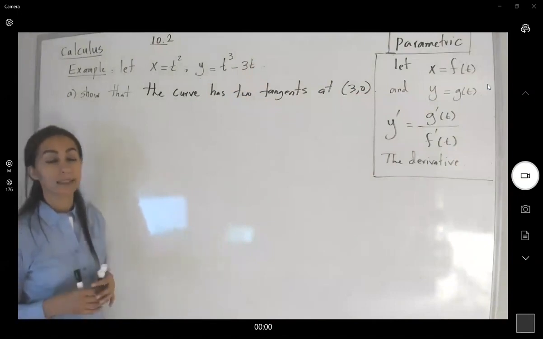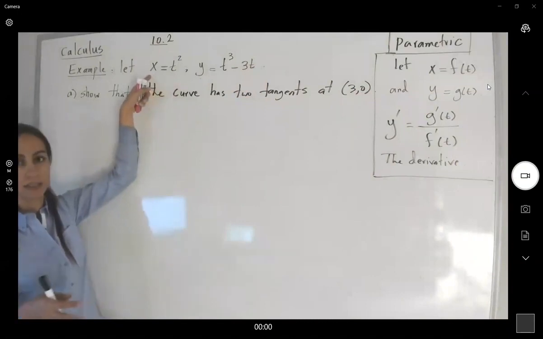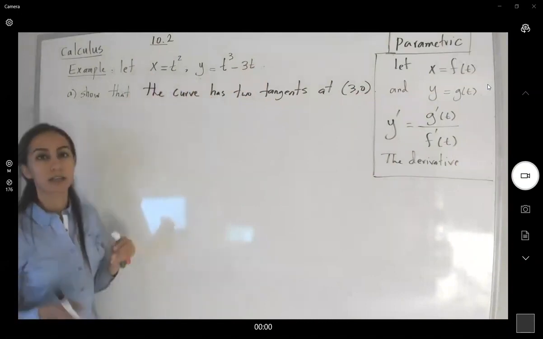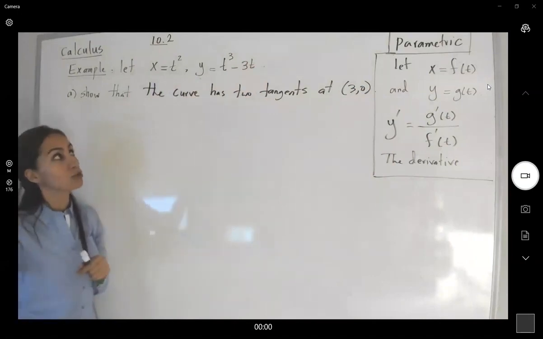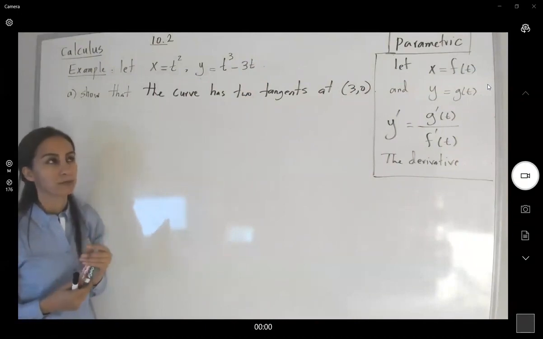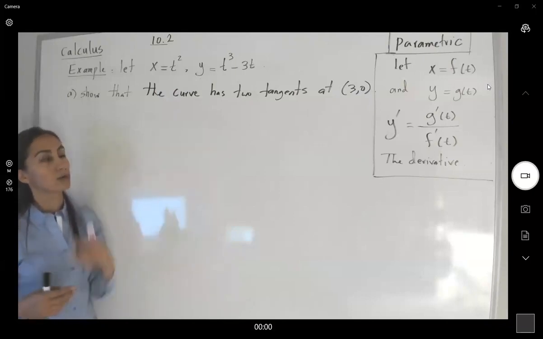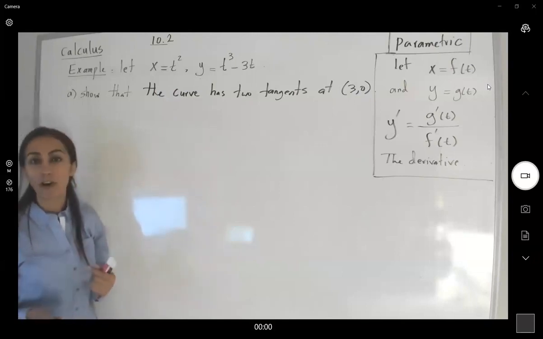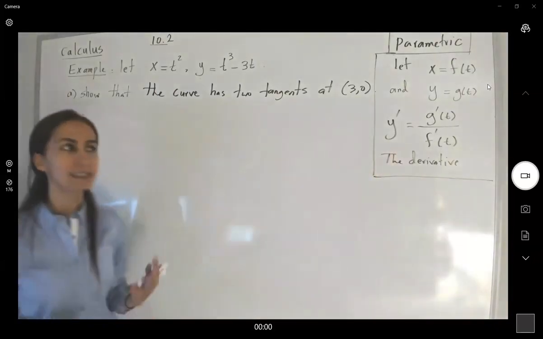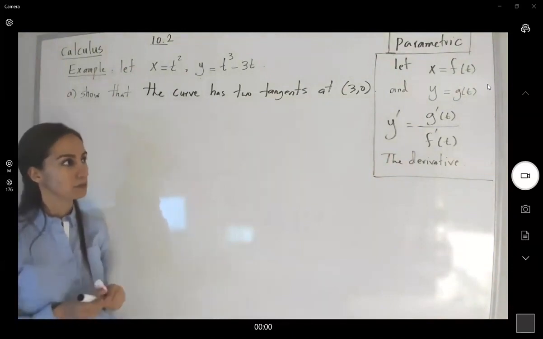If you want to do that, t is equal to plus or minus the square root of x, so you get two equations for your y. It gets a little bit complicated. You have to deal with square roots, raise them to the third power, and so on. Well, I'm going to follow the formula that we learned today. It seems much easier, less complicated.